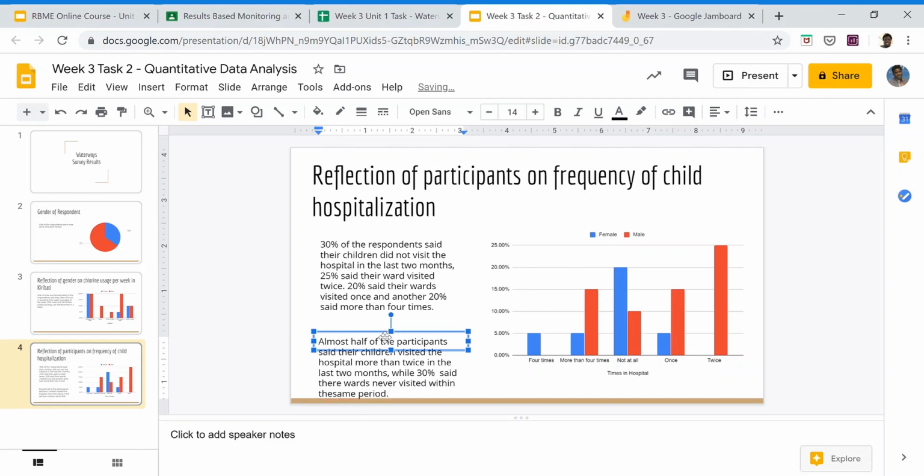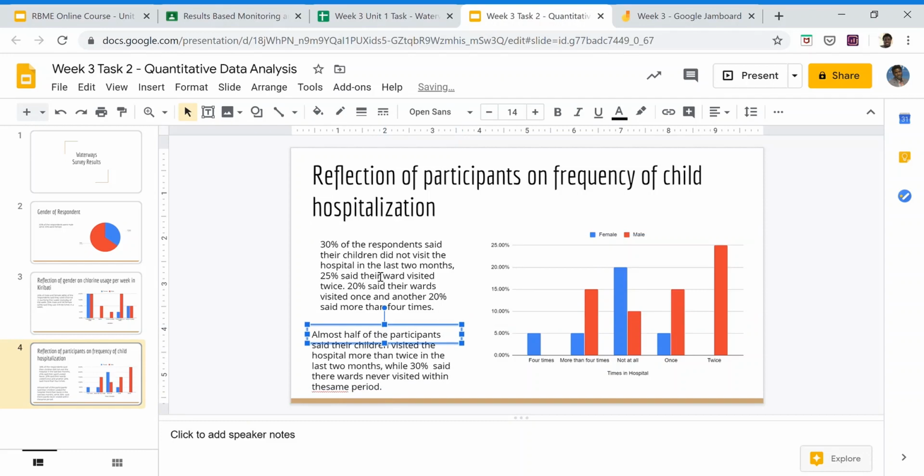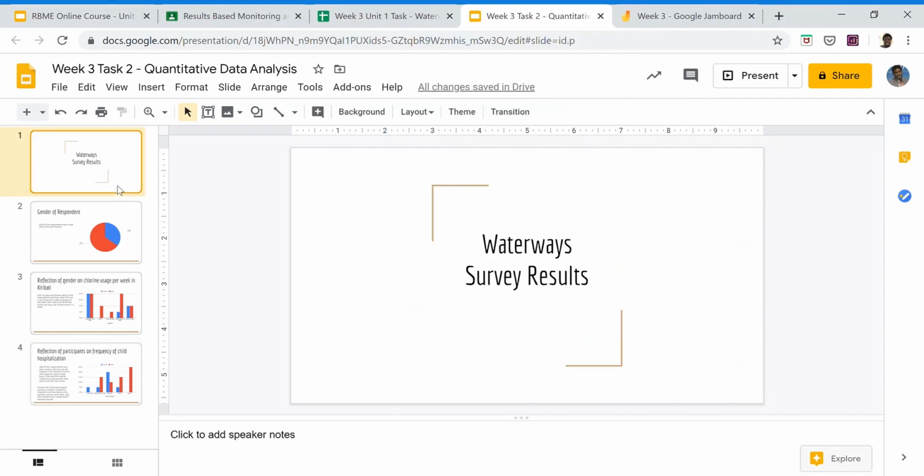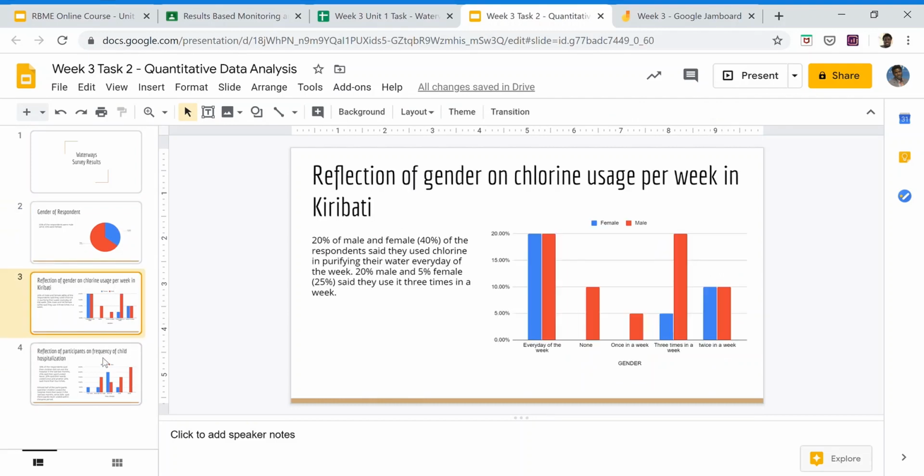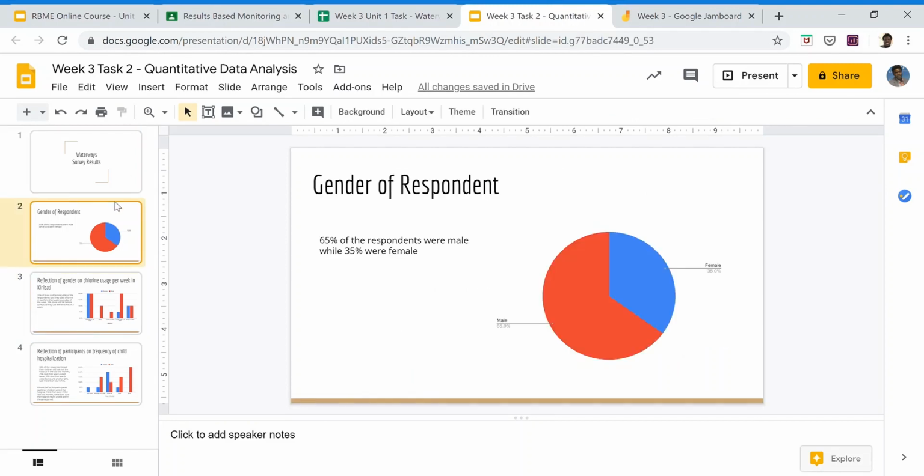Super cool, right? So it could be this or this. So then you have your 4 slides in terms of your analysis and presenting your analysis. And this makes the work go on.